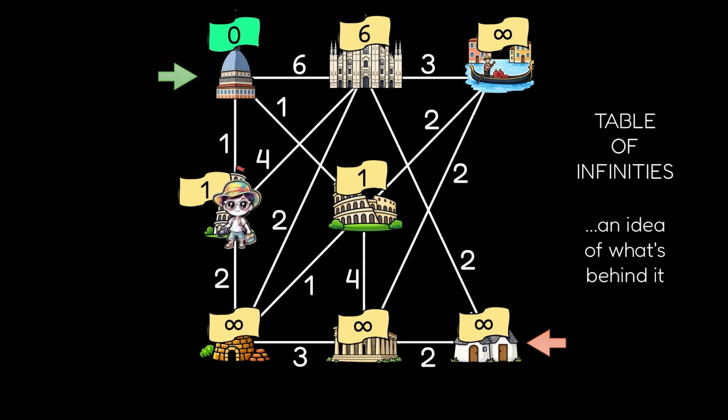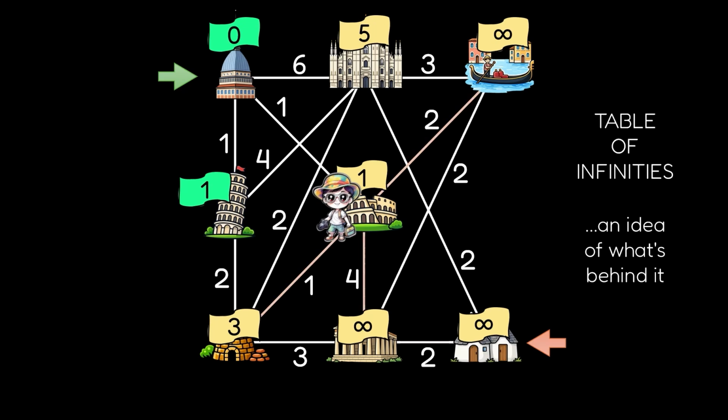When you arrive in a new city, look at the unvisited cities directly connected to it. Do you get a shorter route if you go through this new city? If yes, update the value with the new minimum distance. Otherwise, keep the value that is already there. After updating, mark this city as visited and move to the unvisited city with the smallest value.